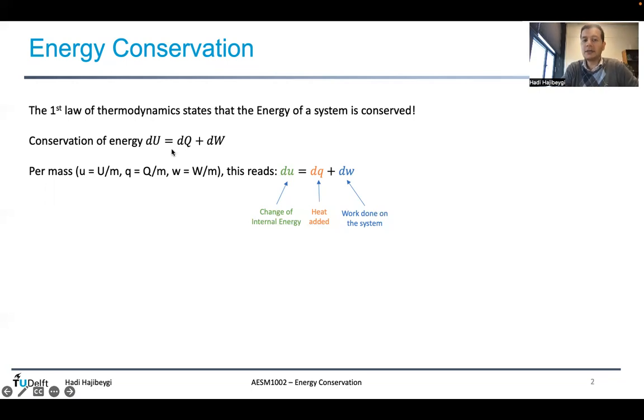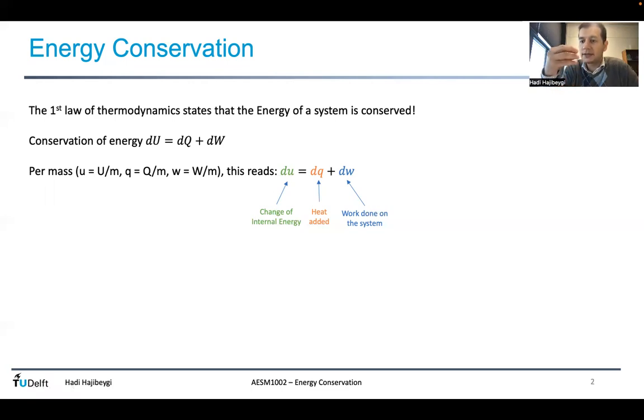We can write the same equation per unit mass, in which case all the capital letters would be written with small letters, and they all would mean the quantities per mass. For example, you can consider that you have a unit kilogram, unit mass of the system.